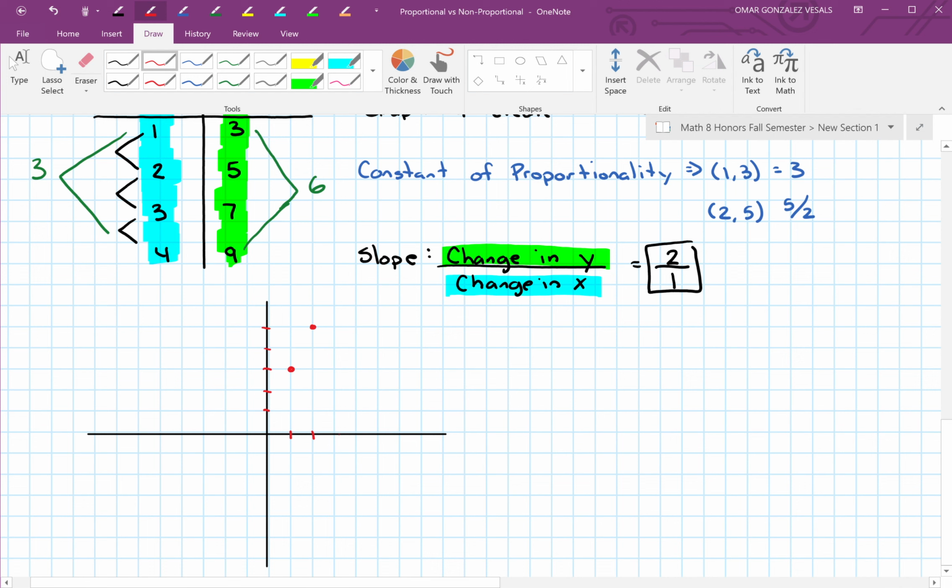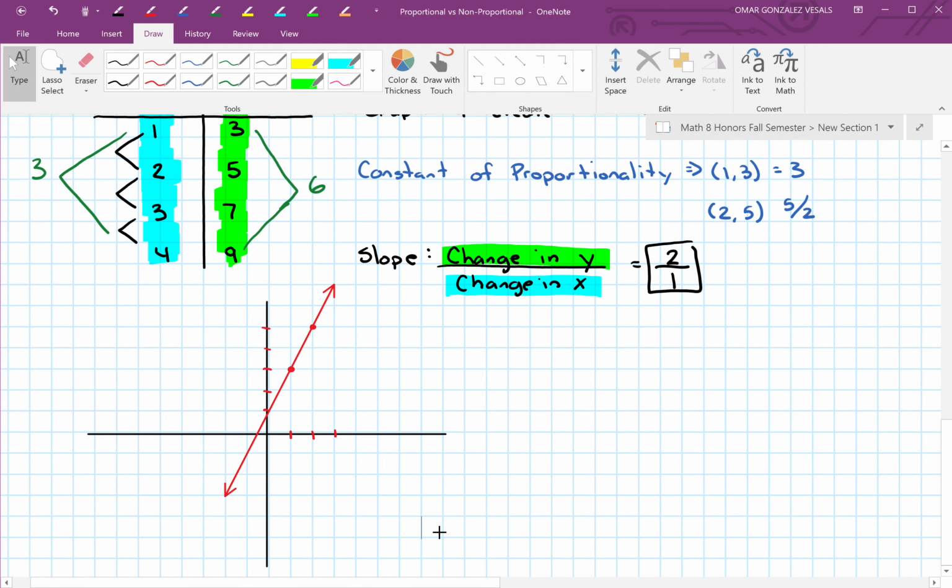The next point is over 3 and up 7, so somewhere over here. And I can graph that now. Okay, so something like that.